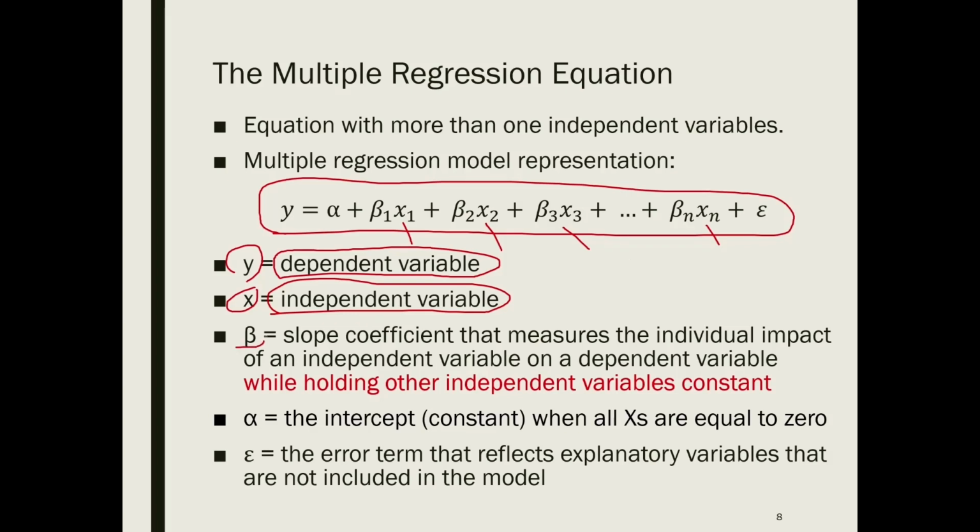We also have the beta, which is a slope coefficient that measures the individual impact of an independent variable on the dependent variable. So we have a coefficient for each of the x. Each of the x is going to impact y differently.